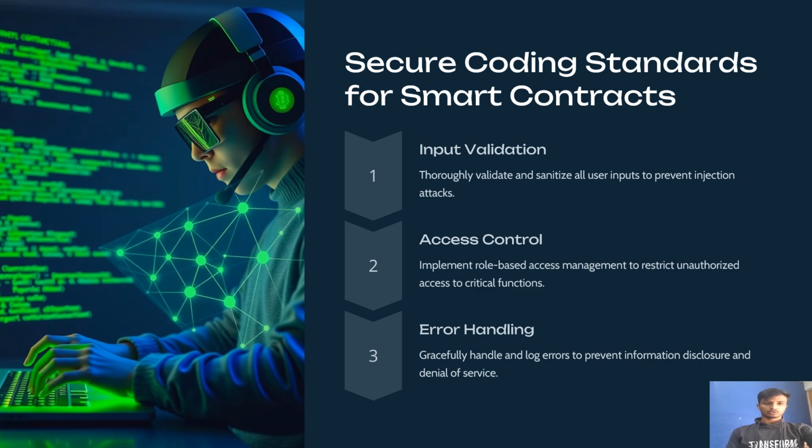We can give two-step verification and access control through the owner. Then there is error handling: gracefully handle and log errors to prevent denial of service. Following these secure coding standards, with input validation, access controls, and error handling, secures smart contracts.